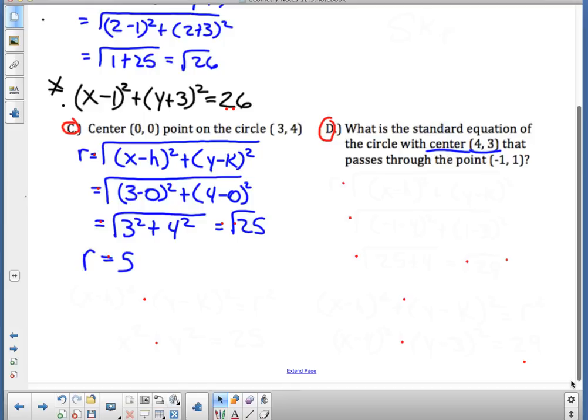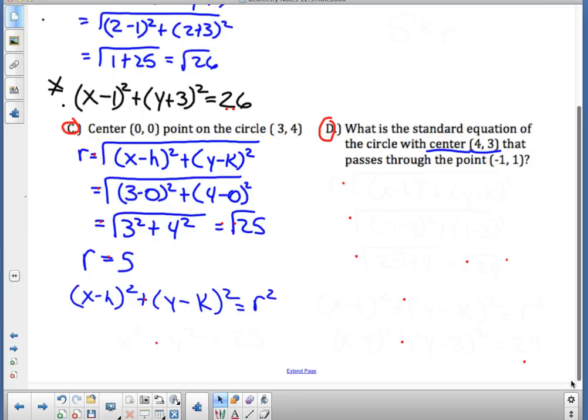Make sure that is actually what you're supposed to find. So I reread my question and say, hey, you're supposed to find the radius of the circle when we give you a center and a point on the circle. So we got that. But then we're supposed to write the equation for the circle. Oops. I've got to pop the stuff in and write the equation.